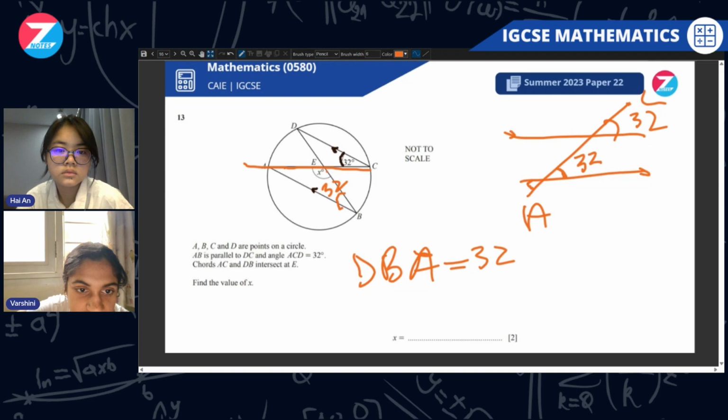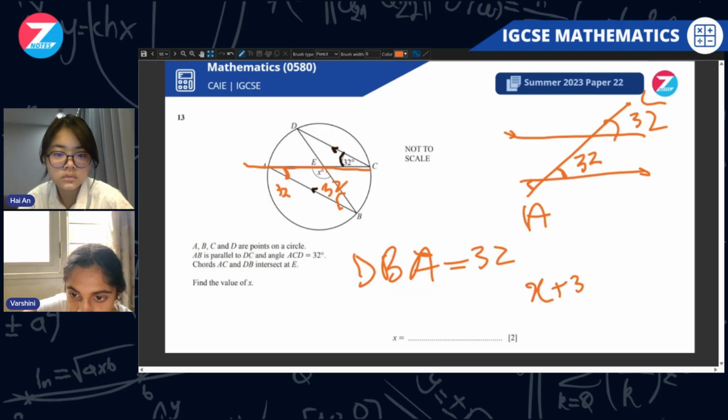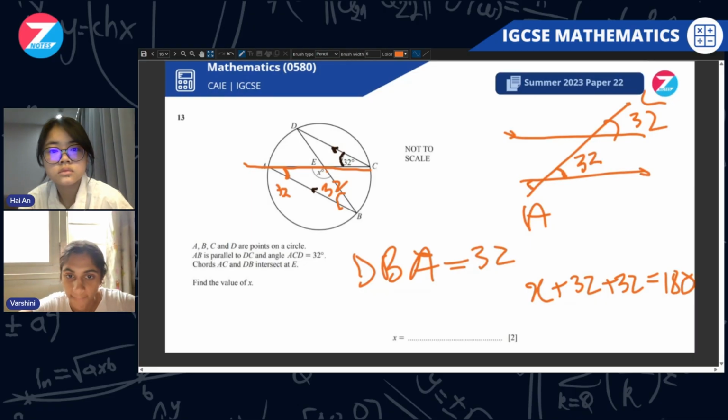And so we can say that this angle over here, CAB, is also 32. And now we know that angles in a triangle add up to 180. So that means x plus 32 plus 32 equals 180. And now we just have to subtract both 32s from 180. So that is going to be 116.